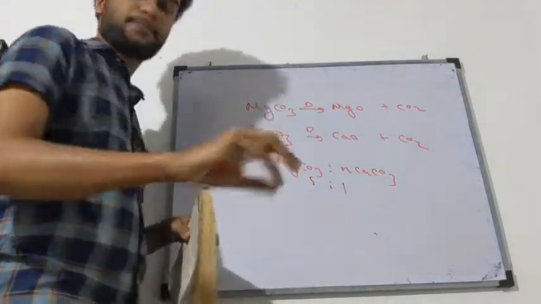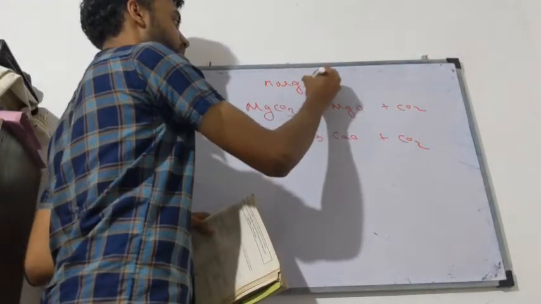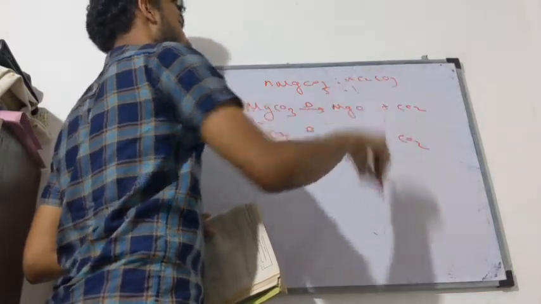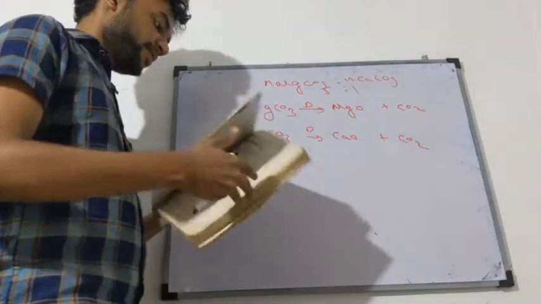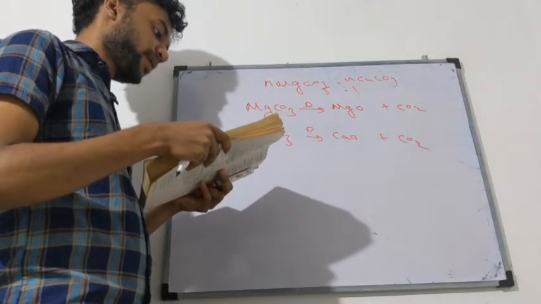Now look at this. n magnesium carbonate is to n calcium carbonate, 5:1. Now they say 134.4 decimeter cube of CO2 occupied.